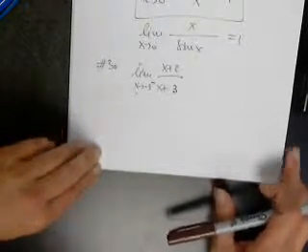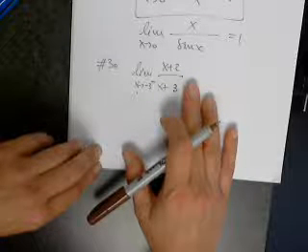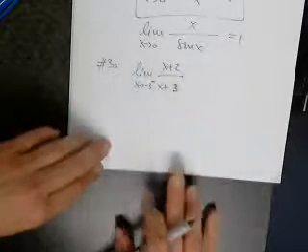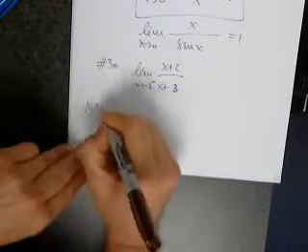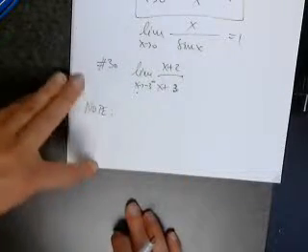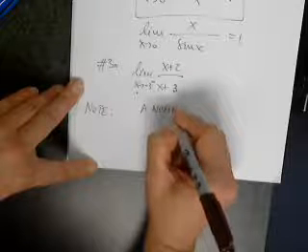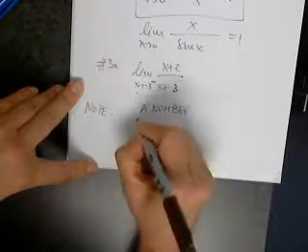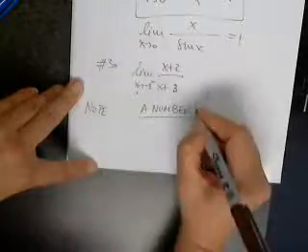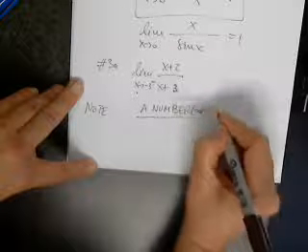Okay, before we look at this limit, I would like to write another note. A number divided by, not 0, I should put in parentheses, 0 is also a number.